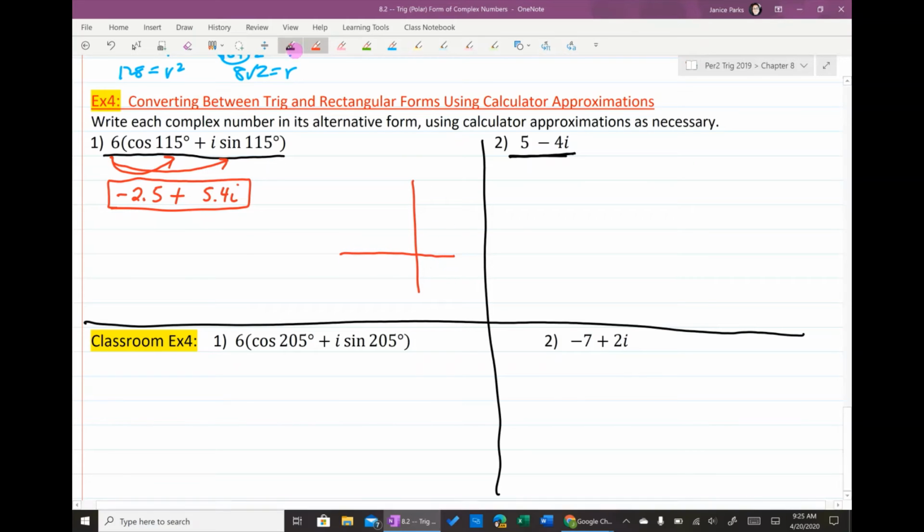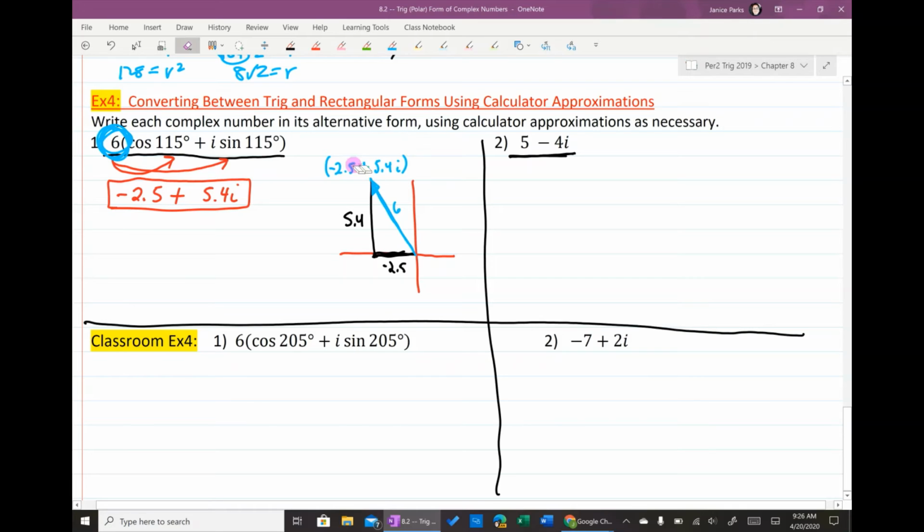So if I go negative 2.5, we're just going to guesstimate, and then 5.4, which is more than twice as tall. Then that vector should have a length or a magnitude of 6, because this vector right here is negative 2.5 plus 5.4i.